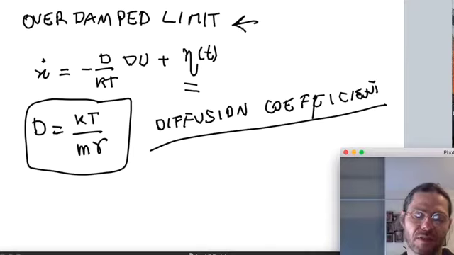In the more general case in which I keep the acceleration, the underdamped limit, I also have momentum and position, in which case the dynamics is defined in phase space. What is the dynamics of the probability density in phase space or in configuration space?